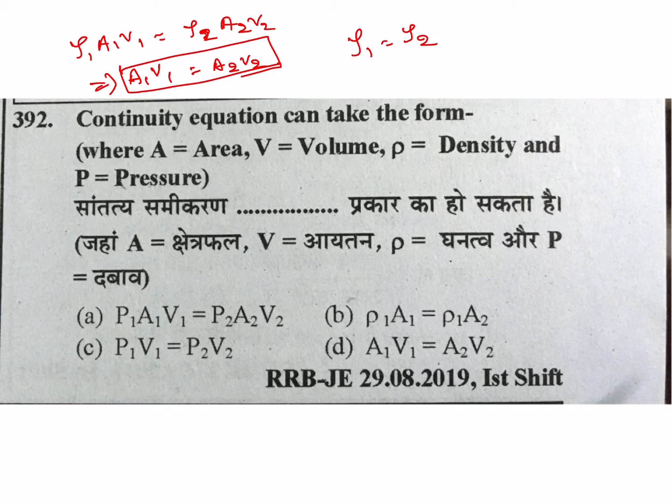Continuity equation. So from options we will check. P1 pressure is here, so not possible. Rho 1 A1 V1, A1 V1 equal to A2 V2. If fluid is incompressible or ideal fluid.